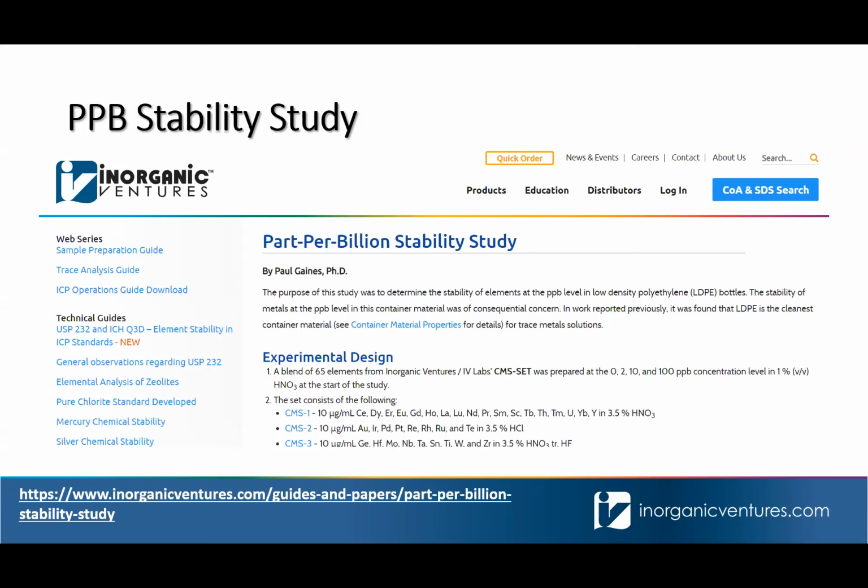Overall, there's too much information in this study for me to cover in this slide, but what I do recommend is that you visit our website, and the link is shown here on the bottom, to get more details about this expected stability. It's a really good resource if you're having issues with stability in your particular working standards.